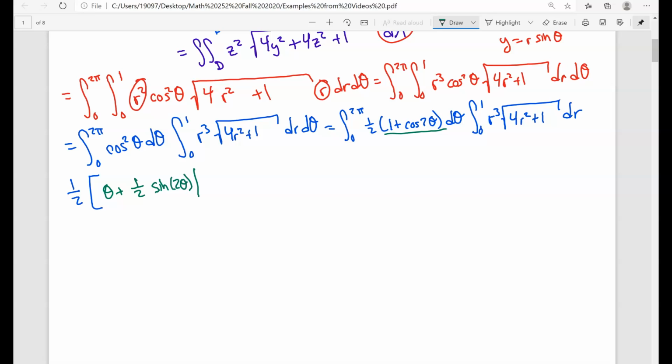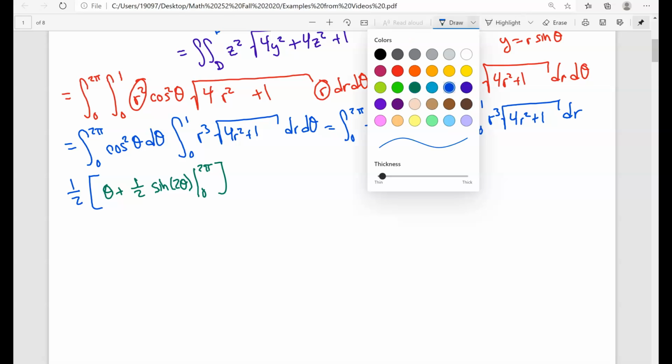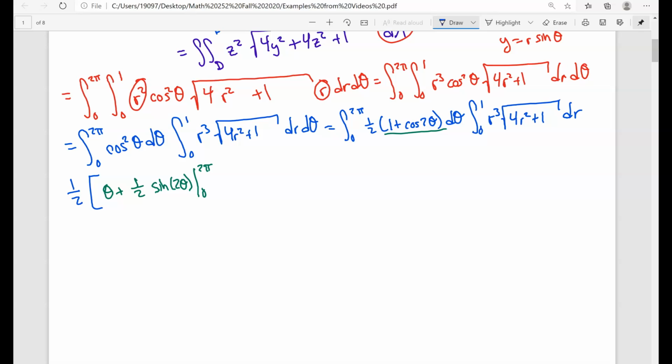And this is going to be from 0 to 2 pi. And then the rest of it, which in this case will just give me the integral from 0 to 1, r cubed square root of 4r squared plus 1 dr. So using the fundamental theorem of calculus, I can see that that guy is just going to give me 1/2. On the inside, the only thing that's going to matter is that 2 pi from the theta, because everything else is going to go to 0. So you're just going to get 2 pi there.